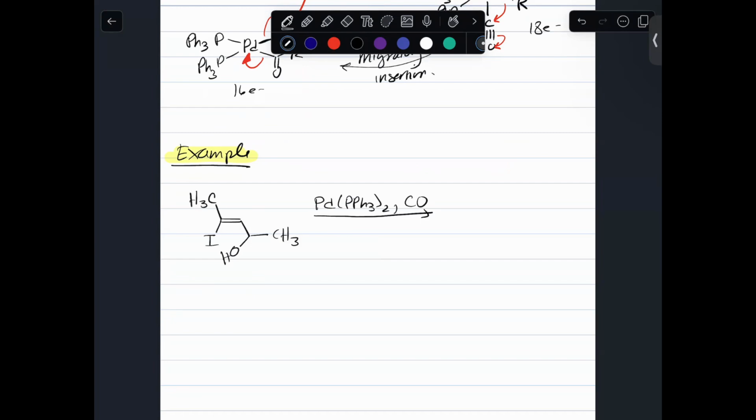Now, it really depends on what your nucleophile is, right?